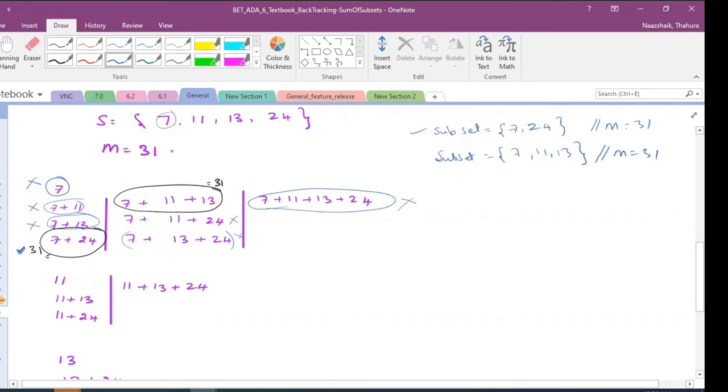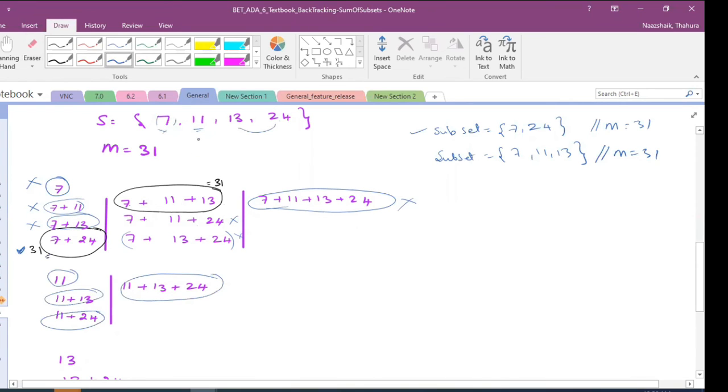Now you go ahead, and you have other choices also in this problem. Right? What are the choices? You leave 7, because with 7 you tried all the combinations. So you can remove 7 and try the remaining combinations. For example, don't have 7 and try with other combinations. Right? 11 alone, 11 in combination with these two numbers, 11 in combination with all together.